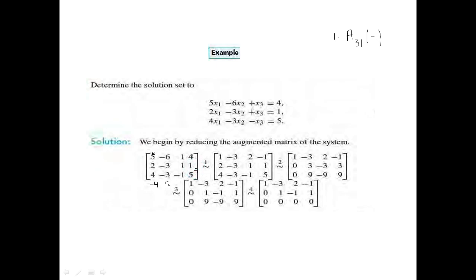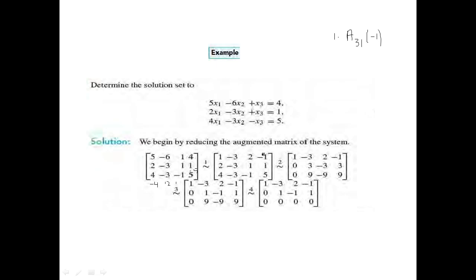If you add it to row number 1, it means 5 minus 4 is 1, -6 plus 3 is -3, 1 plus 1 is 2, and 4 minus 5 is -1.